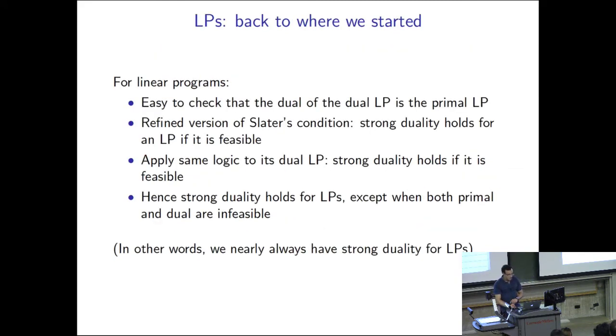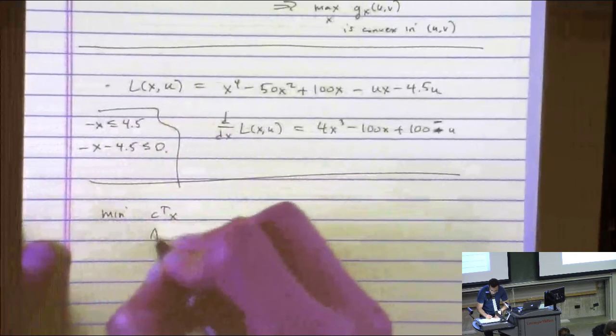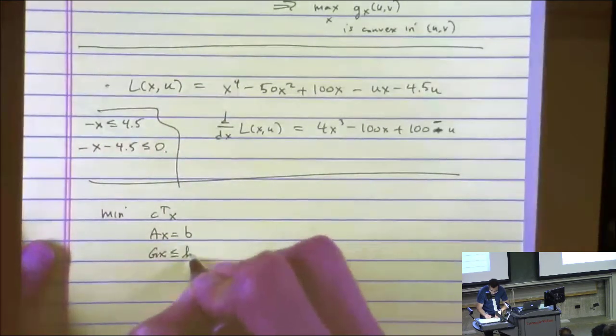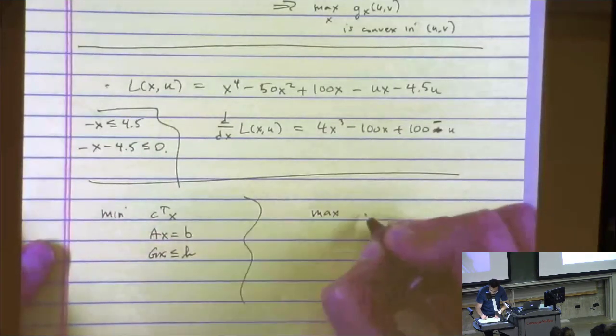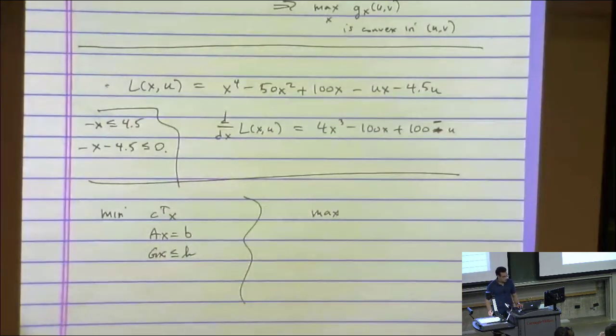Let's think about what this means for a few cases. Let's think about what this means for LPs. I think this is something instructive. So remember, we have something like this. The form of the LP and its dual are not actually that important, and I'm probably going to get it wrong, so I'll just read it off from the slide.